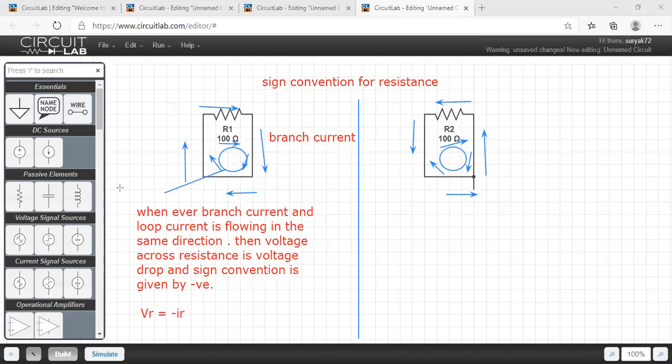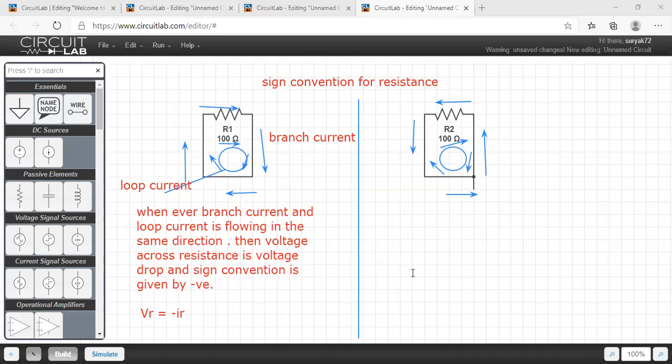This one is a loop current. So you can say this is a loop current, or mesh, anyone. You can identify very easily: whenever branch current and loop current are flowing in the same direction, then a negative sign will come, voltage drop.